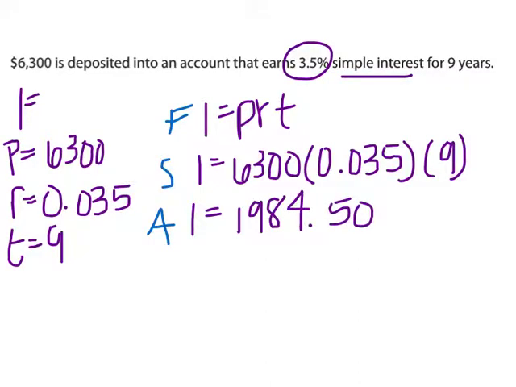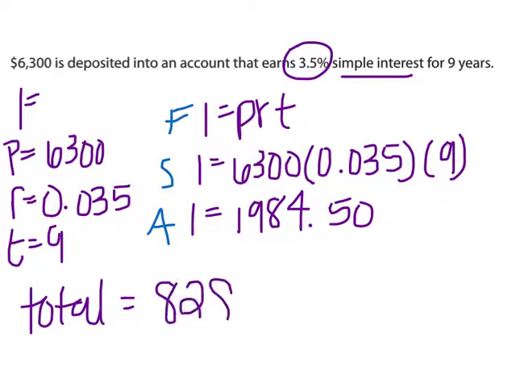That's how much interest it's making. So the total in the account would be $8,284.50 after those 9 years.